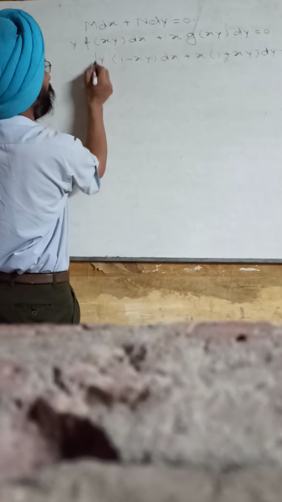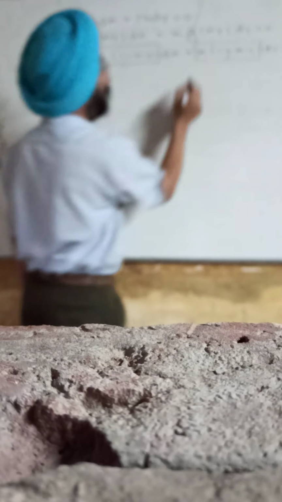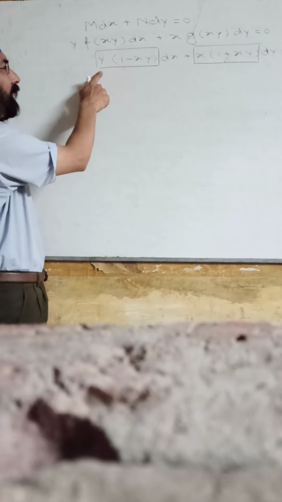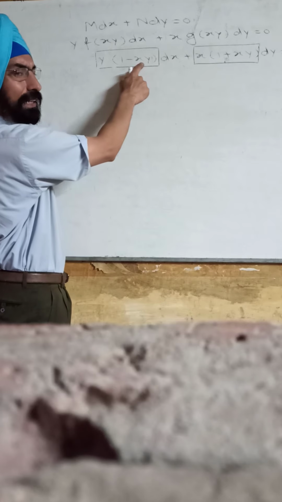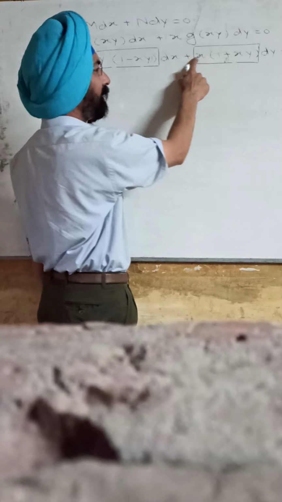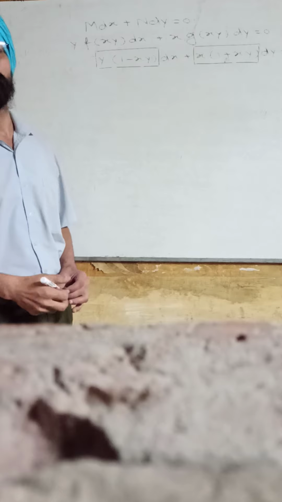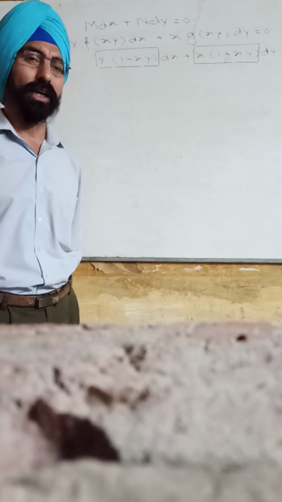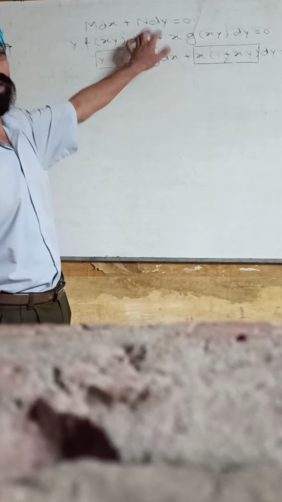Look into the M and N. In M, this y is outside the bracket, and in the rest of M, xy is a single term. Similarly, in N, x is common, and in the bracket you are having xy together. There is no single x, there is no single y, there is no term of the type x square y or xy square or x cube y or x cube y square, etc. So this equation is in this form.